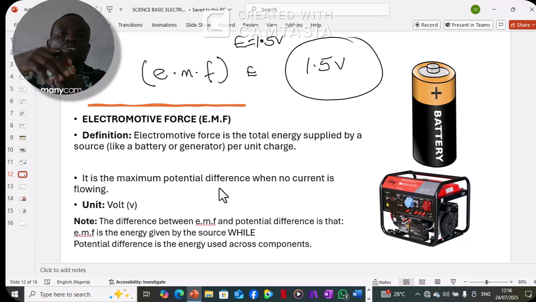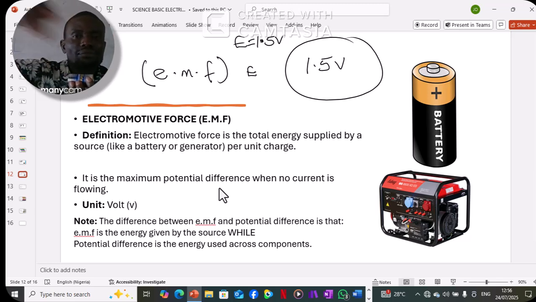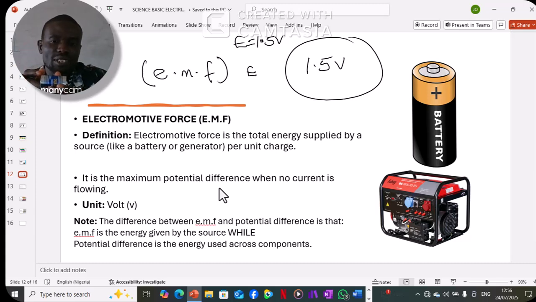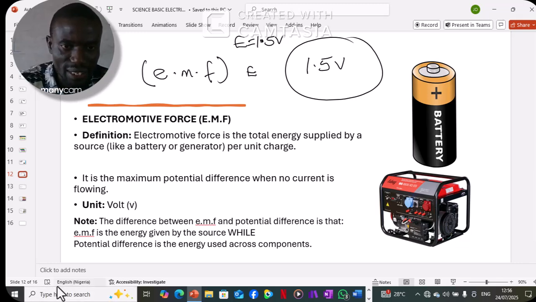By the time it is connected, part of it will have been used to push the charges through the circuit. It will not be 1.5 again. You understand? The unit is also volt.